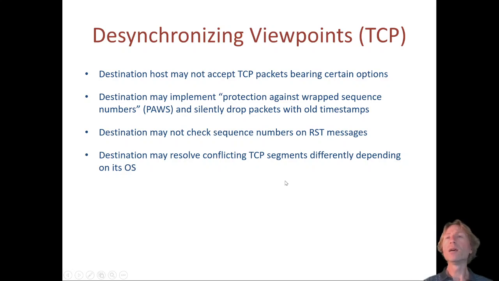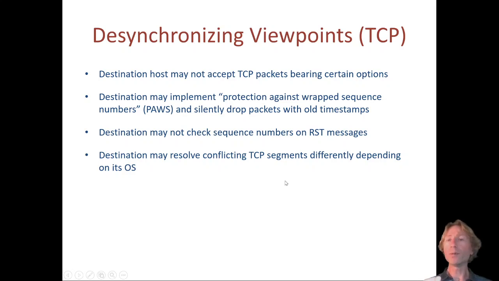Just like at the IP level, we might also desynchronize things at the TCP level. For instance, when one of the hosts does not accept packets that contain certain options because it simply won't allow these options, or when it has protection against wrapped sequence numbers. This is called PAWS, which will silently drop packets that have old timestamps.